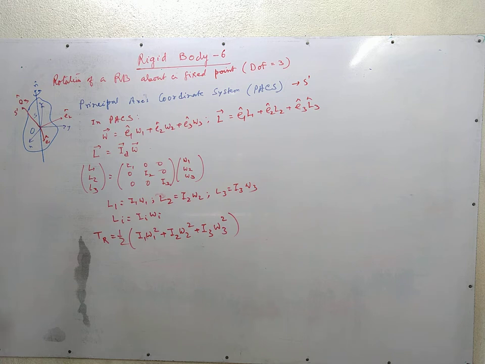So this is a very convenient technique of introducing the principal axis coordinate system. And since the moment of inertia tensor is a non-singular tensor, we can always find a PACS coordinate system for each and every rigid body.